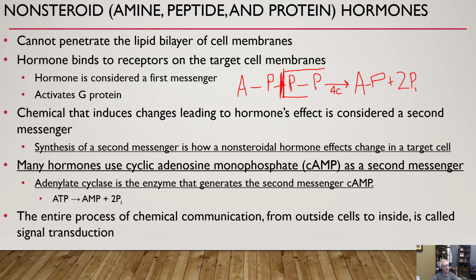That's all we're doing. We're taking adenosine triphosphate and going to adenosine monophosphate. So that's just what an adenylate cyclase does.